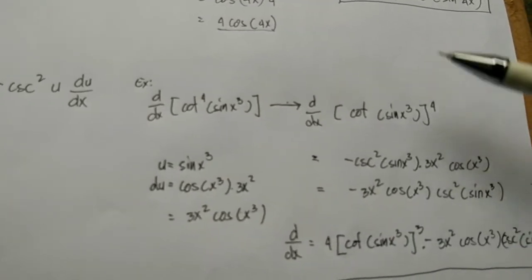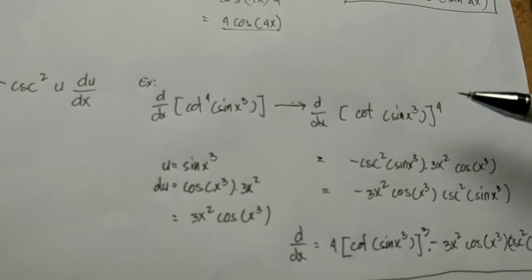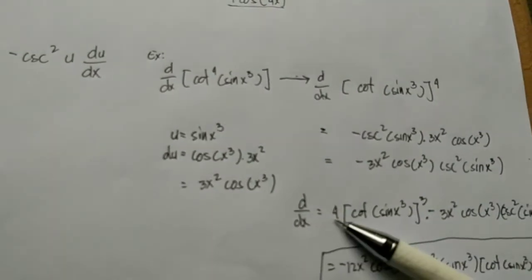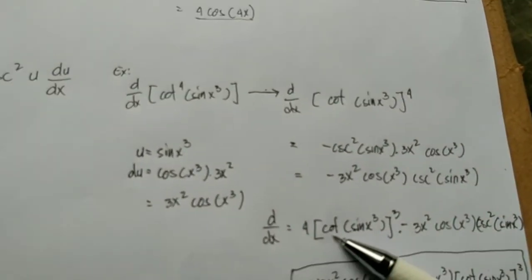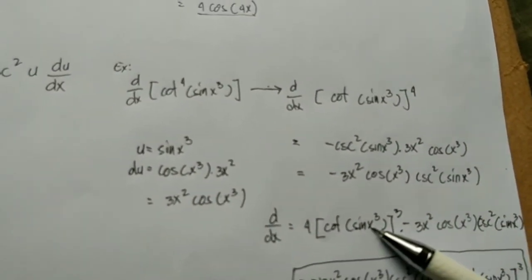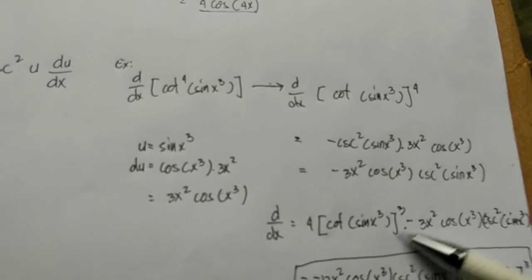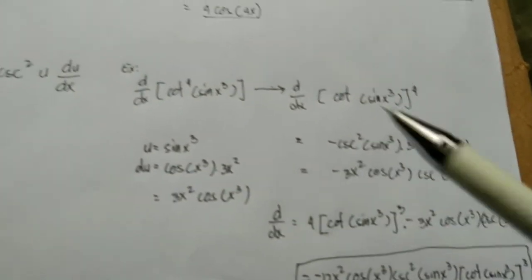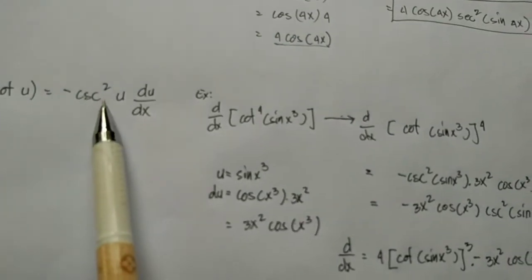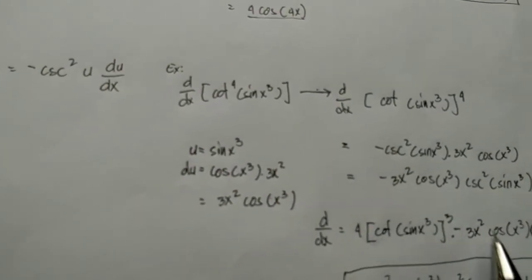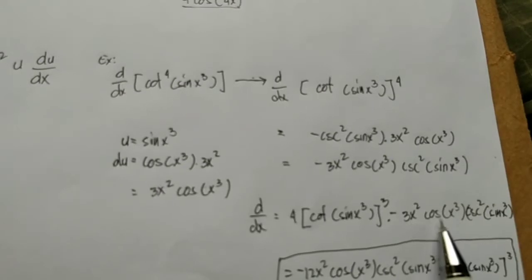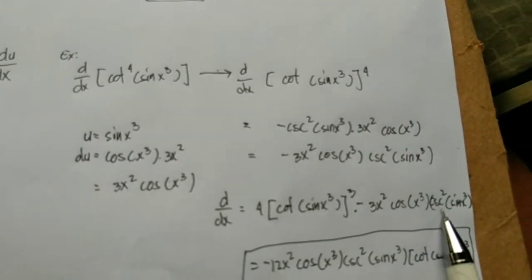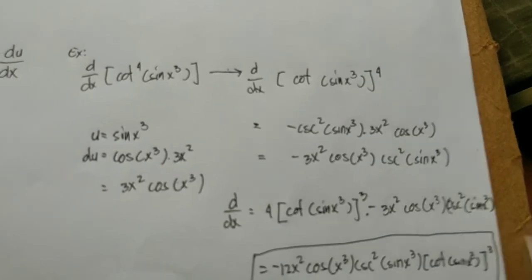So let's apply the power rule first. So 4 times cotangent of sine x cubed raised to the power of 3, since it's n minus 1, times 3x squared cosine x cubed, times cosecant squared of sine x cubed.